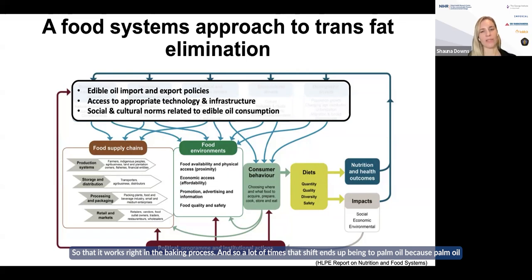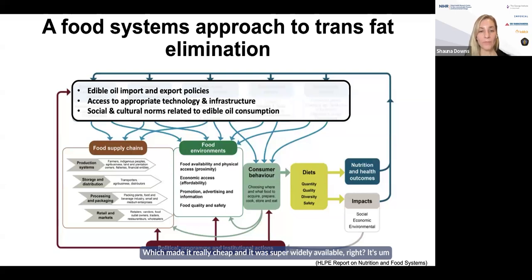A lot of times that shift ends up being to palm oil, because at the time there was 0% duty, so no tax on its import in India, which made it really cheap and super widely available. It's produced in huge amounts and has become ubiquitous within the food supply and food system.